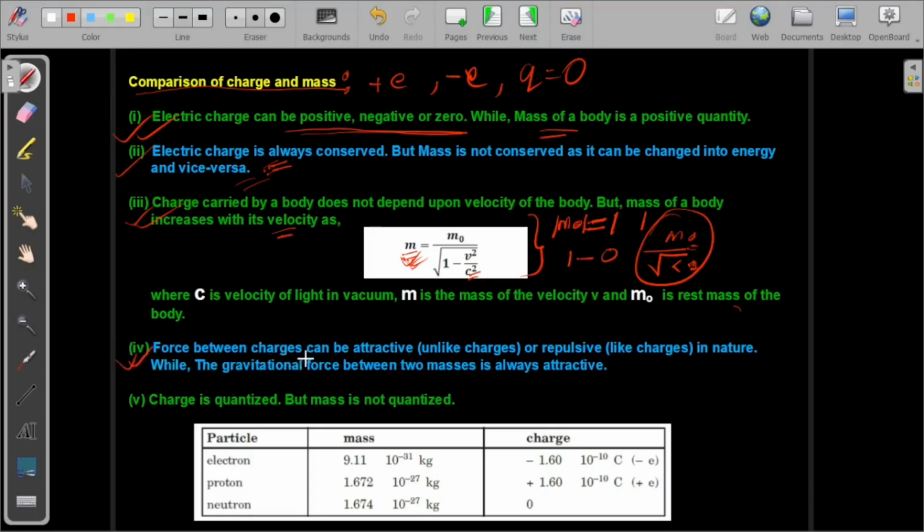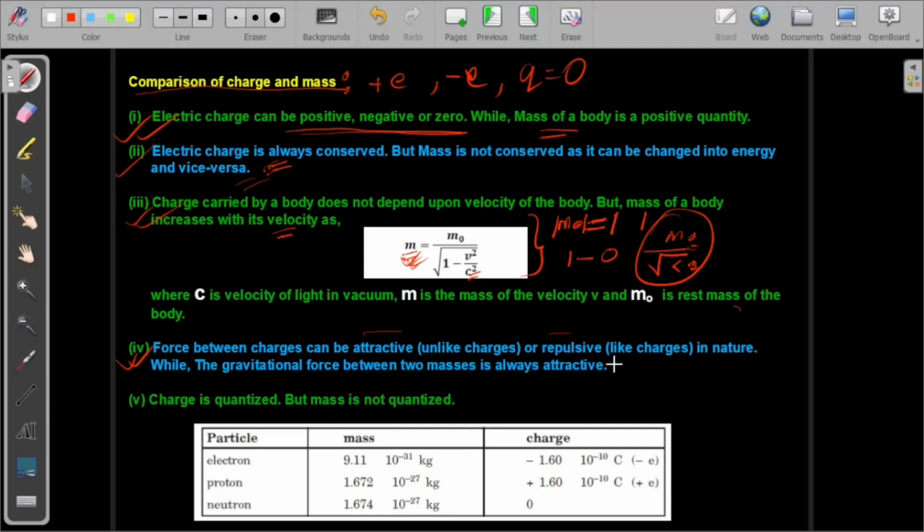Now come to this. Force between charges can be attractive and repulsive in nature, while the gravitational force between two masses is always attractive. You got that like charges repel and unlike charges attract each other, so that force can be attractive or repulsive. But the gravitational force between two bodies, or between two masses, is always attractive.